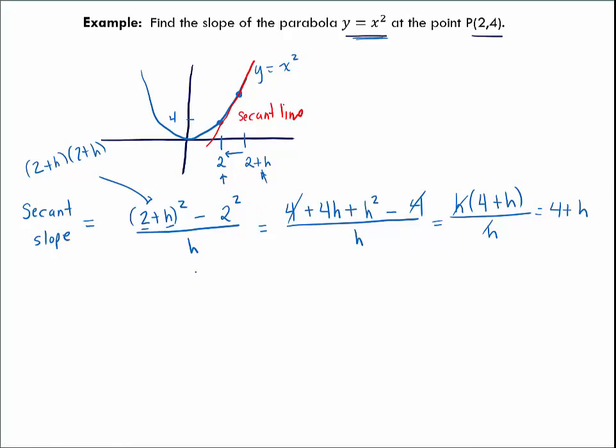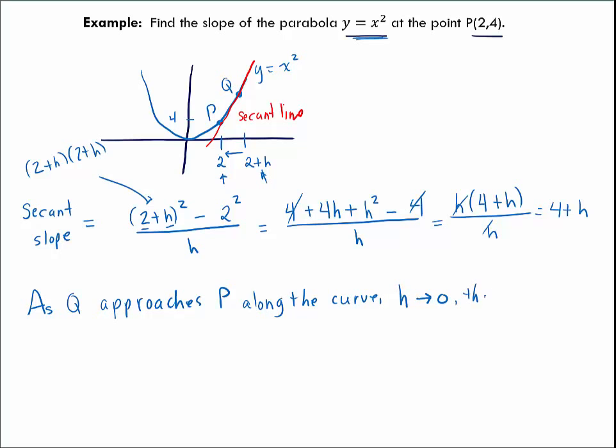Well, remember we're saying that as my second point, and let's call that point Q again, as Q approaches P, which is my first point, along the curve, I'm staying on that curve, then my h is approaching 0.